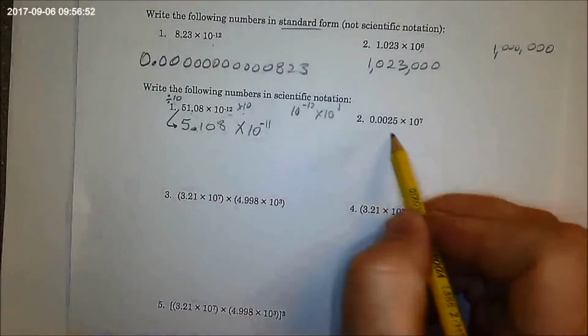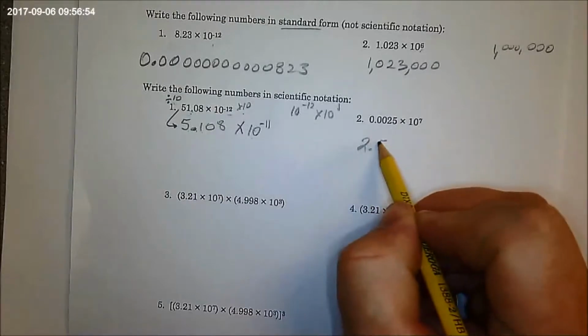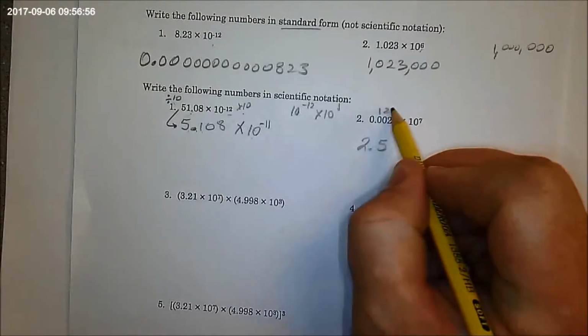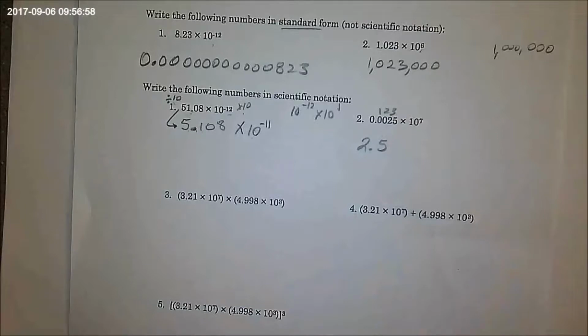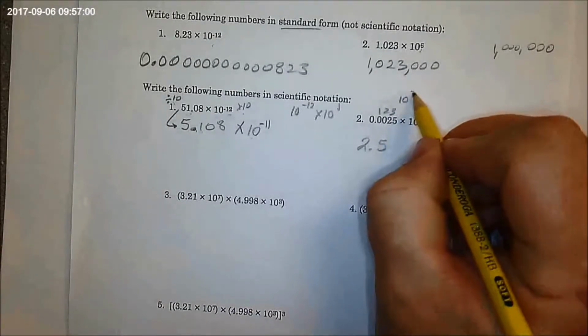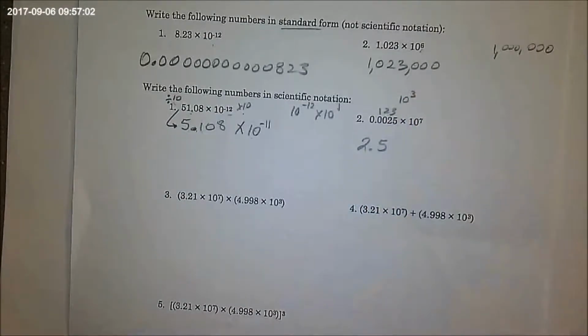Yeah. Yep. So like this one, it needs to be 2.5. But it looks like we're moving 3 places, correct? So we're really multiplying this by 10 to the third. Or is that 10 to the negative third? Are you sure?